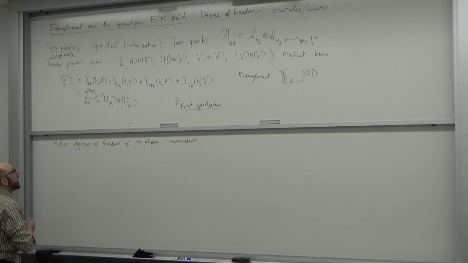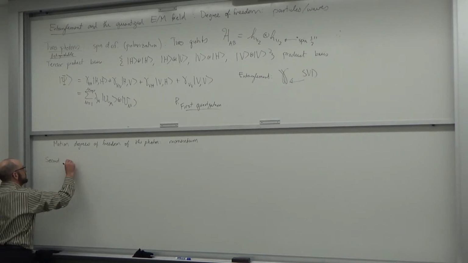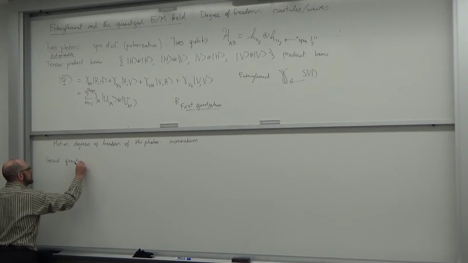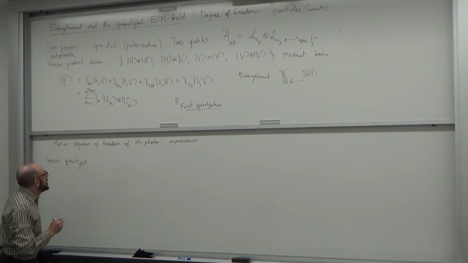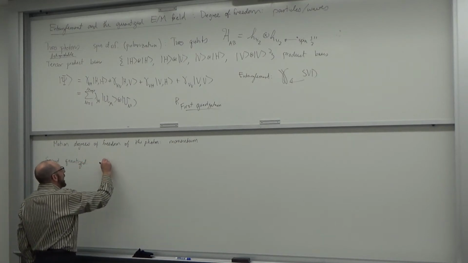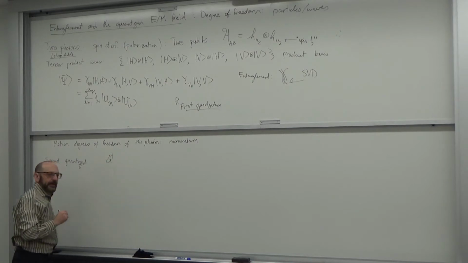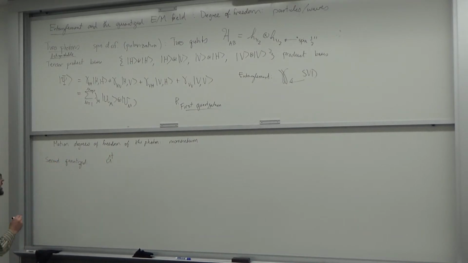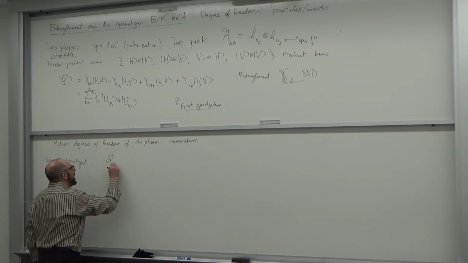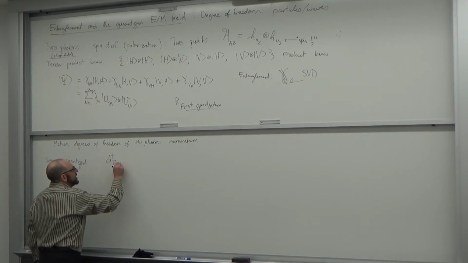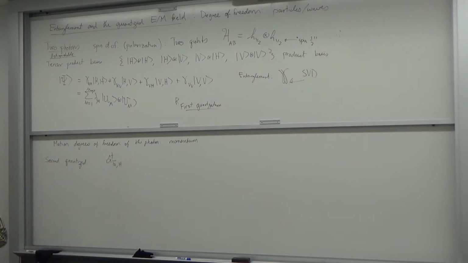But we can think about a second quantized notation, where I have a creation operator that creates a photon with a particular momentum in a particular polarization state.